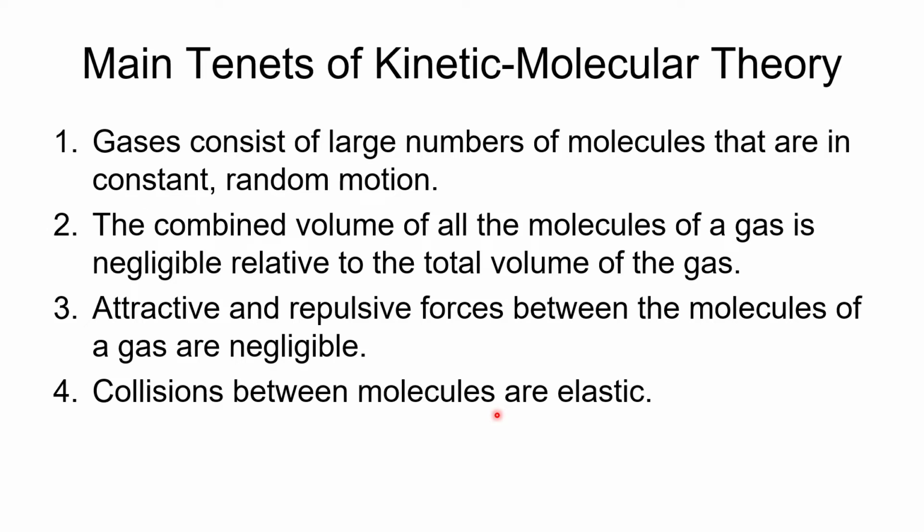What this means in terms of molecules is, well, if two molecules or a million molecules, it doesn't matter how many, but when you have molecules and they run into each other, all of the kinetic energy is conserved. Now, it may be converted from translational to rotational, and again, I'm not going to get into that in any great detail, other than to say that this is pretty much true.